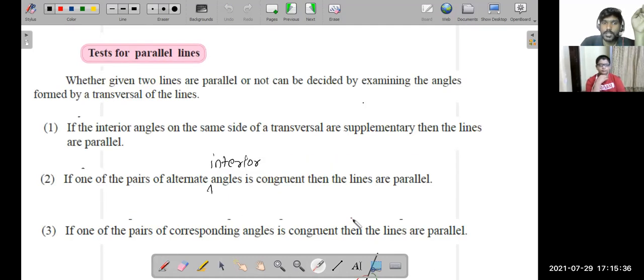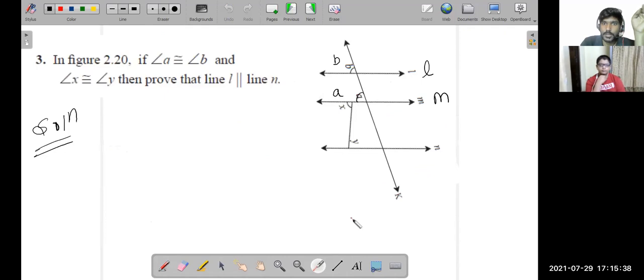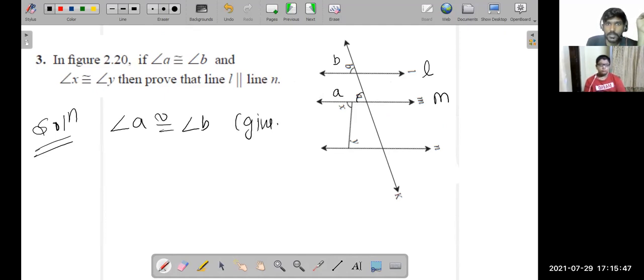Now come back to this one. Here in the question it is given angle A is congruent to angle B. This is given. But what type of angles are A and B?